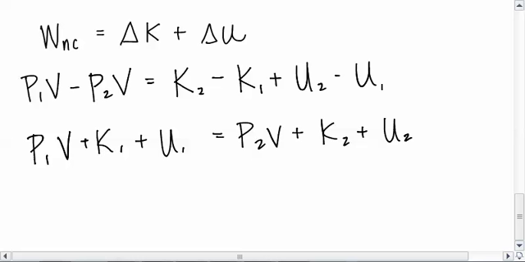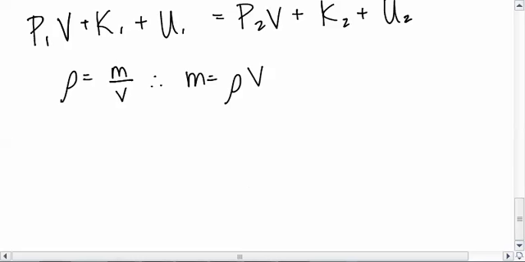But remember, density is mass per volume, so mass is density times volume. So as we substitute, anywhere we have M, we're going to put a rho times volume. So pressure 1 times volume plus 1/2 rho V for mass, velocity squared.